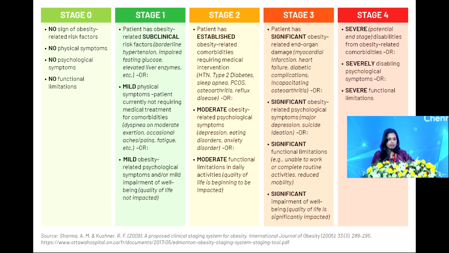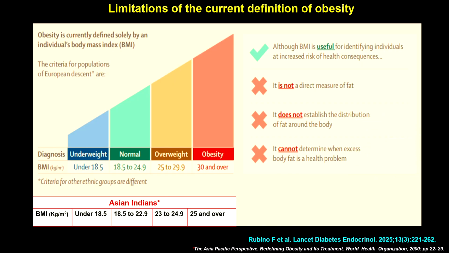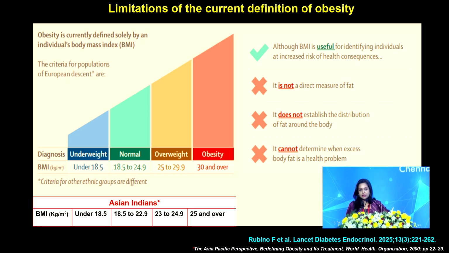But please note that all of this is based on a BMI classification. So what does BMI take into consideration? Your weight and your height. What it doesn't take into consideration is your body fat, which is essentially what obesity is.